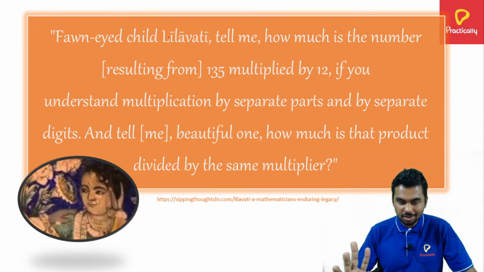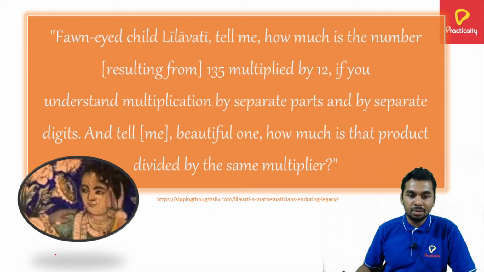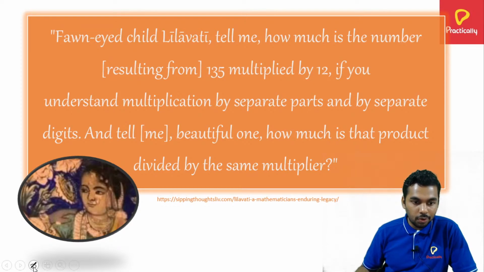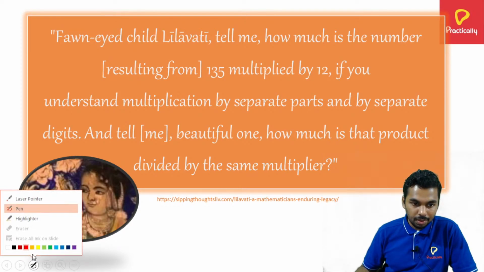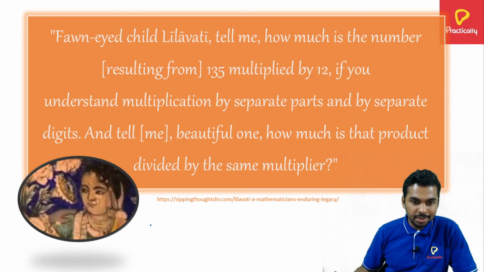So let's try to solve the first question being asked to Leelavati. So what is being asked? You have to find what is 135 multiplied by 12. What is the easiest way to do it? 135 multiplied by 12. What is the easiest way?